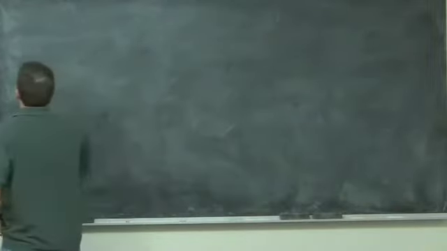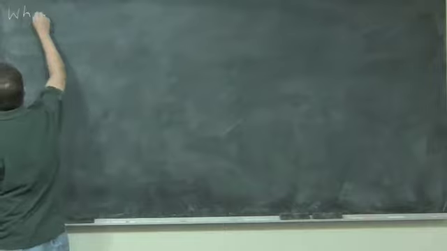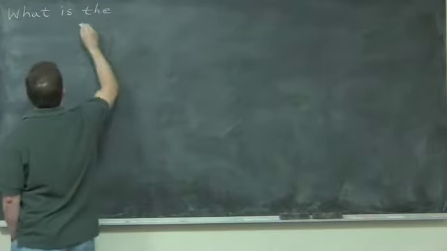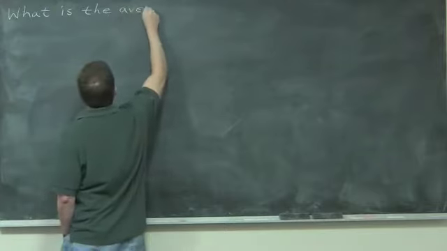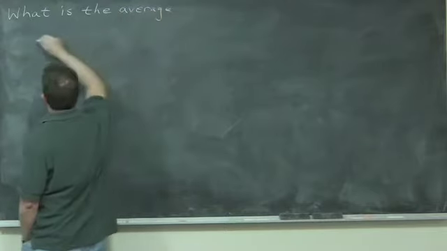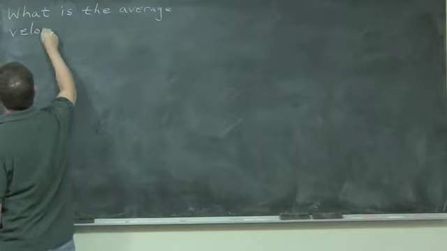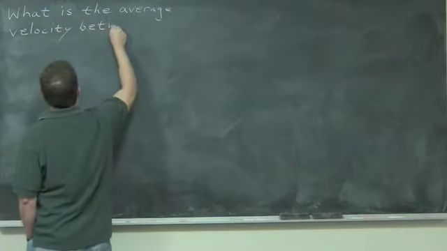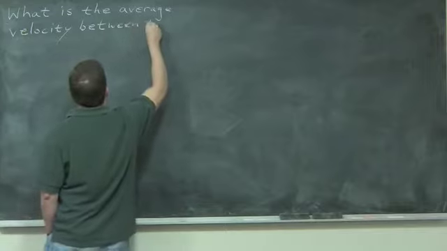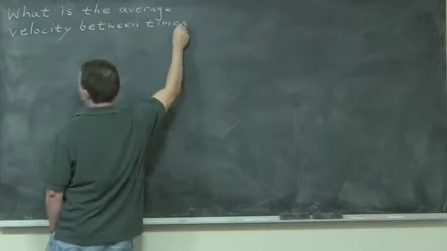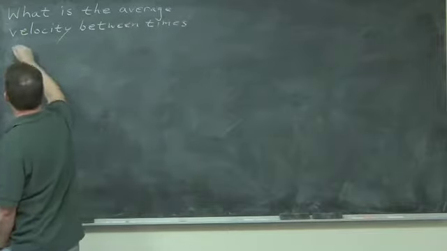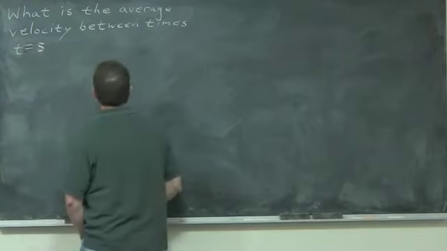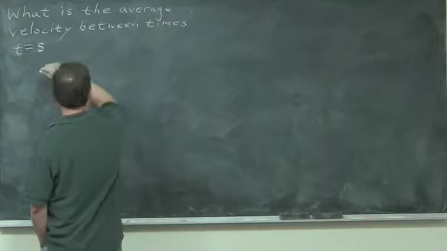So what is the average velocity between times t equals 5 seconds? I'm going to drop the units. We know their time is measured in seconds in this problem.